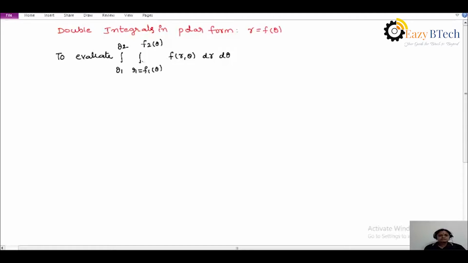Okay students, to evaluate this double integration in polar form, we follow the same usual procedure as in Cartesian form.